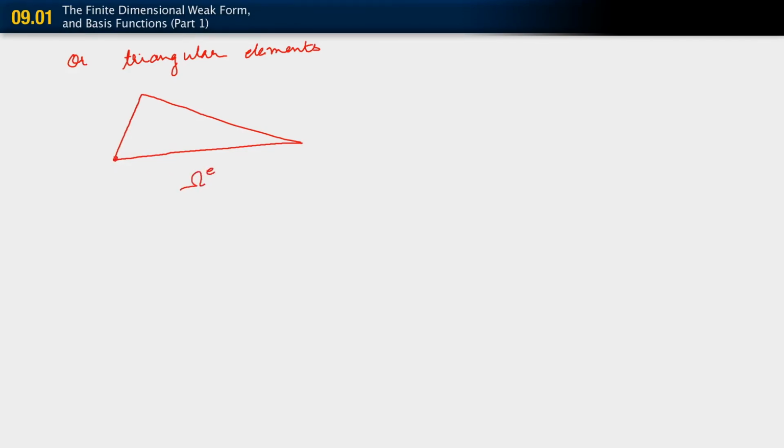Once again, we have nodes at the vertices, and I'm going to label them as A equals 1, 2, 3.